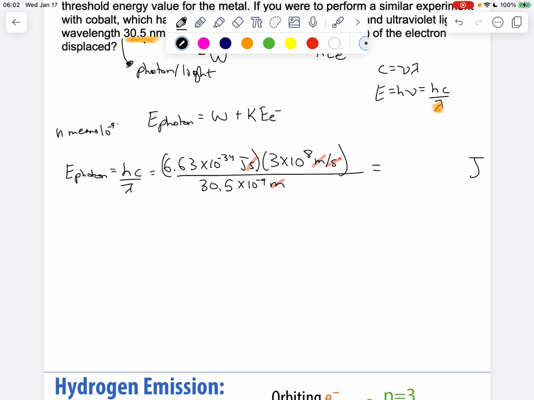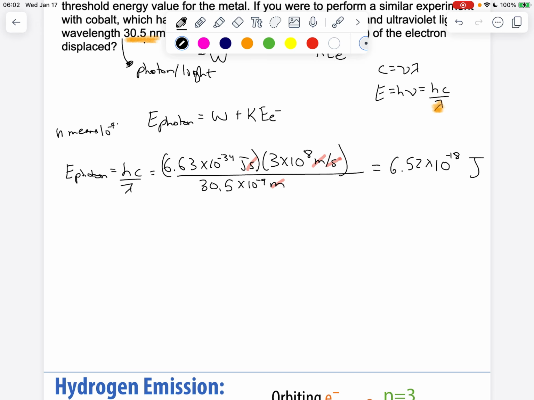Then solving there, 6.63 e minus 34 times 38 over 30.5 e minus 9 gives us 6.52 times 10 to the negative 18 joules.